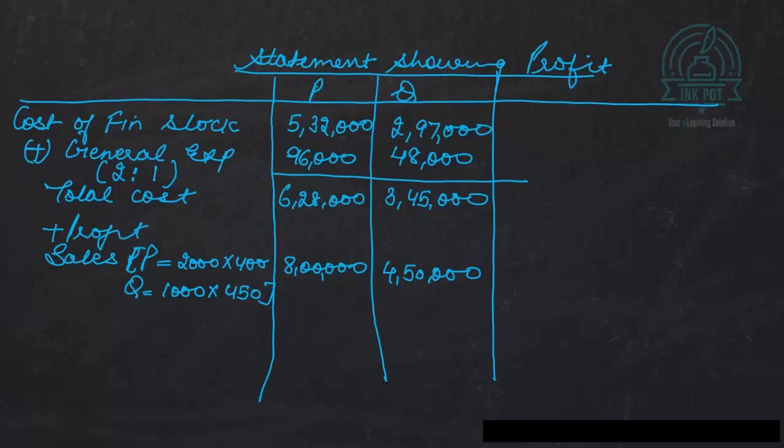So the difference, the balancing figure, is profit. 8 lakh minus 6,28,000, you will get 1,72,000 profit here, and here the difference is 1,05,000. So this is how we can calculate the profits, right?